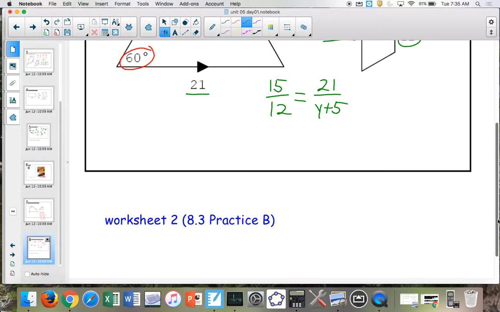Now all we have to do is solve this. So let's cross multiply. This one's a little trickier because you're going to have to distribute the 15 with the y plus 5.